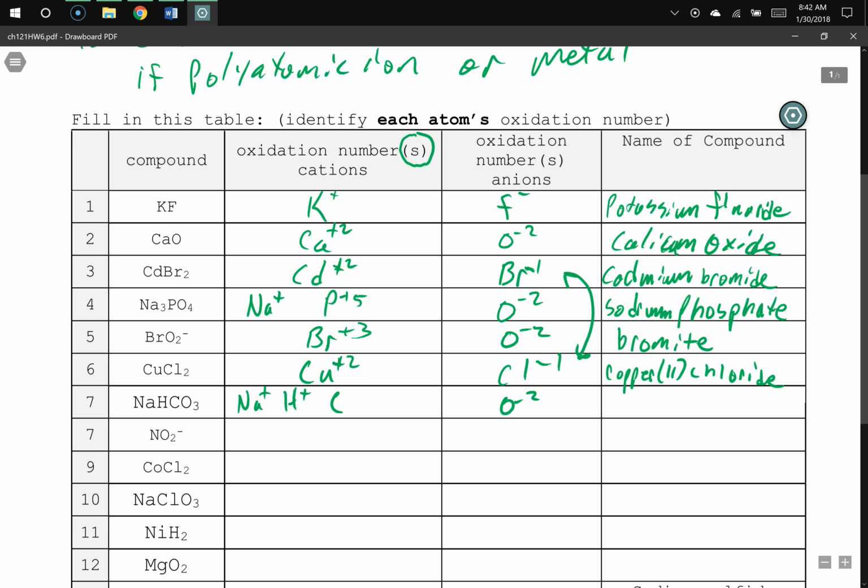The hydrogen is a +1 because it's with nonmetals, the carbon and the oxygen. And then the leftover charge is +4 for my carbon. And what's the name of this? Sodium hydrogen carbonate. Okay.